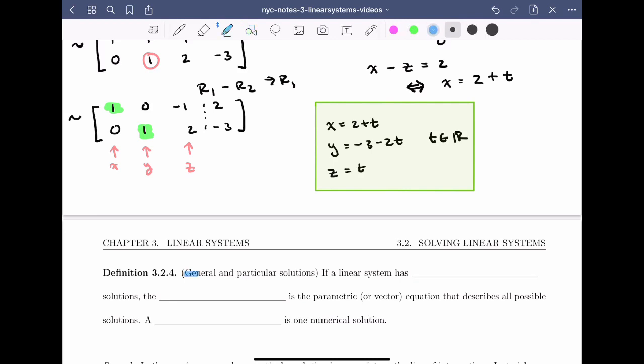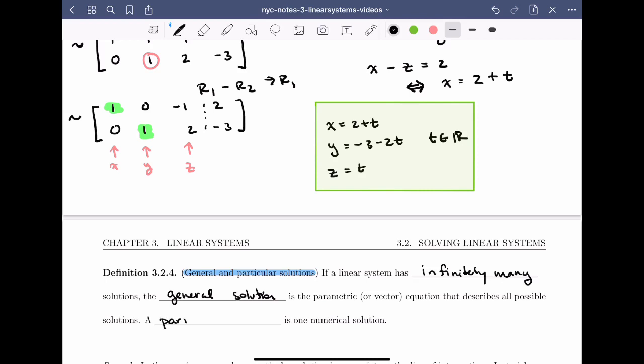Let's now define the general and particular solutions of a linear system. If a linear system has infinitely many solutions, the general solution is the parametric or vector equation that describes all possible solutions.